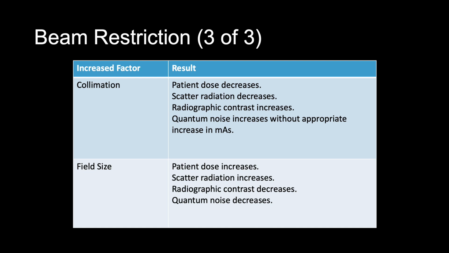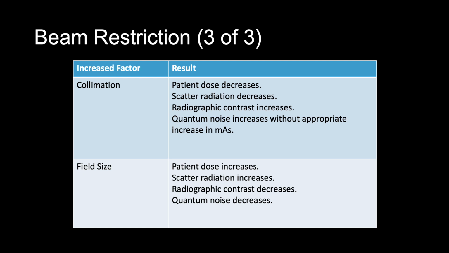As collimation increases, the quantity of scatter radiation decreases and radiographic contrast increases. As collimation decreases, the quantity of scatter radiation increases and radiographic contrast decreases.